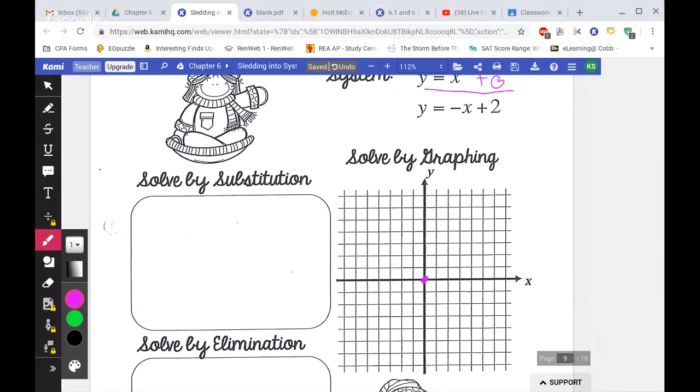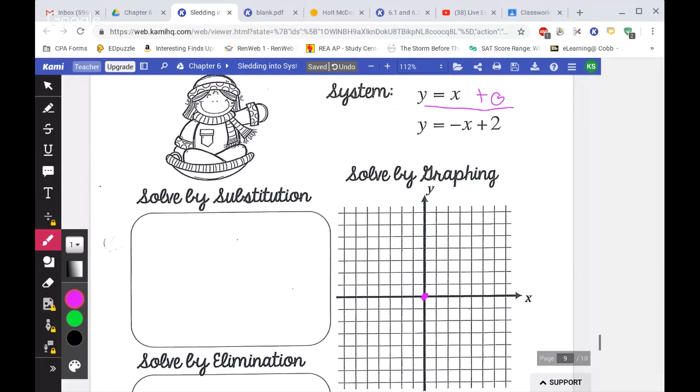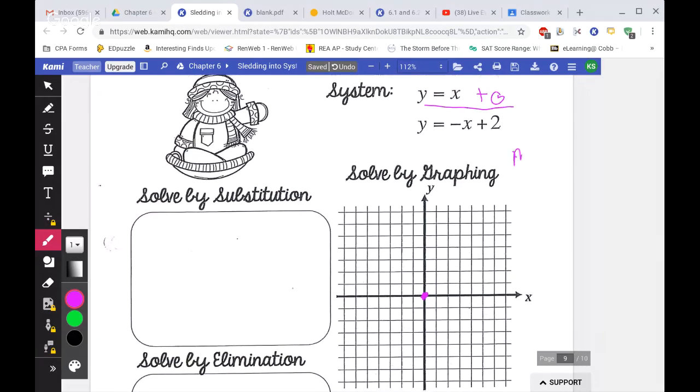So I'll plot that first. And the slope here is 1 because the understood coefficient, if there isn't one, is 1. It's also positive, so that means I'm going to travel in one positive direction and two positive directions or two negative directions. Sorry about that.